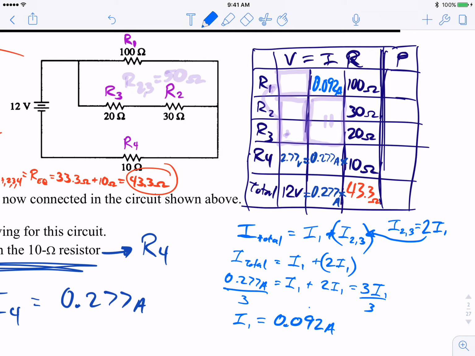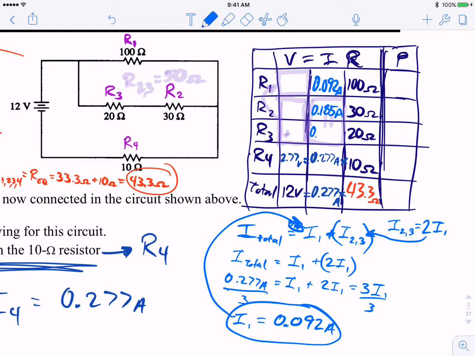I can put in 0.092 amps for I1, and I can calculate my I23 by just subtracting 0.092 amps from the total. So 0.277 minus 0.092 is 0.185. 0.185 amps are left over to take the R23 branch.